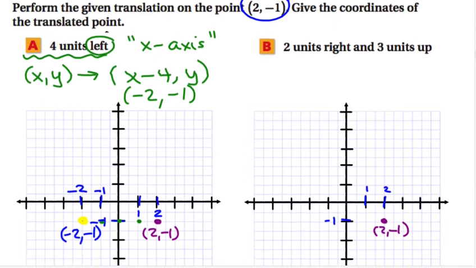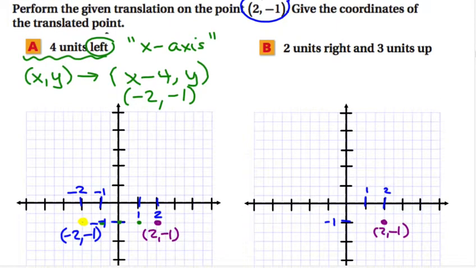Let's come over to part B. In part B, we want to move on the x-axis to the right 2. So we're going to change this number. We're going to add 2. This is our x-axis. We're going to the right, so we're adding 2.